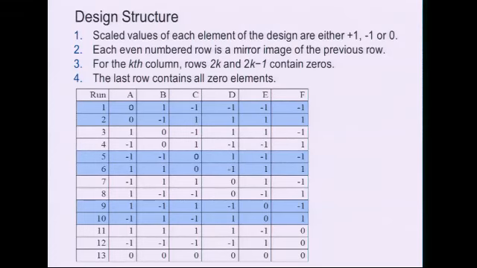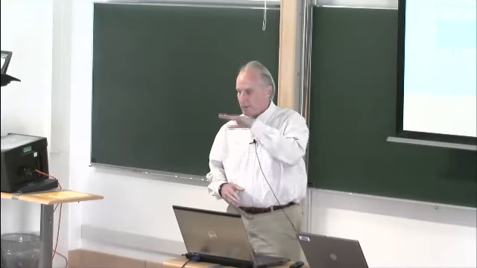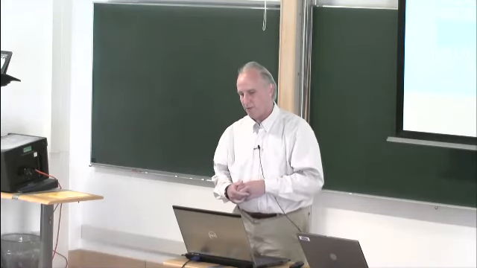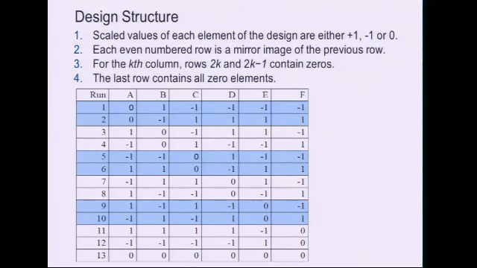In each row, each odd number row is mirrored by the row below it. So the first 2 rows are mirror images of each other. And you can also see that the zeros march down the factor settings matrix along the diagonal there. And then there's a final run that's all center runs.